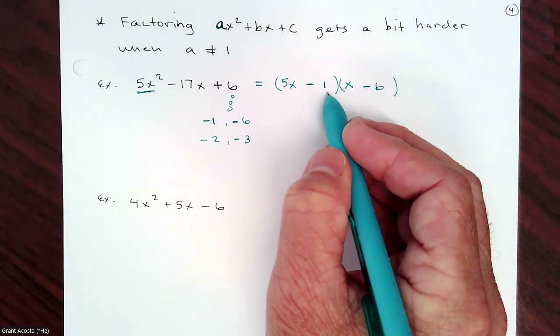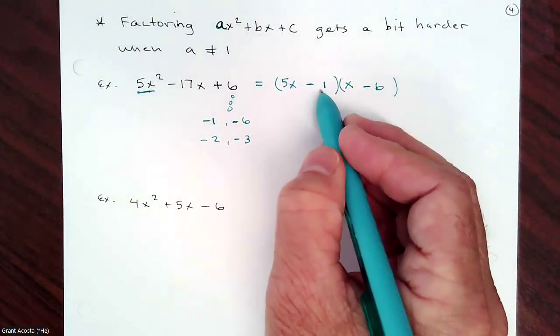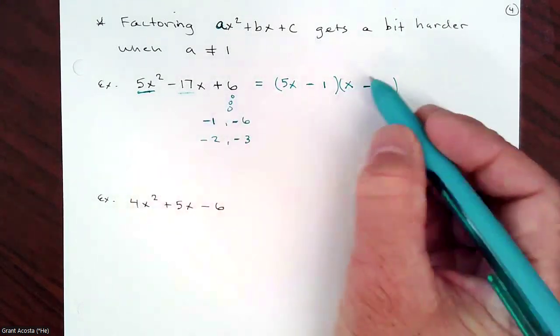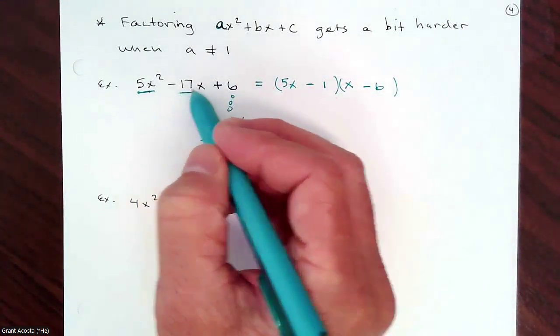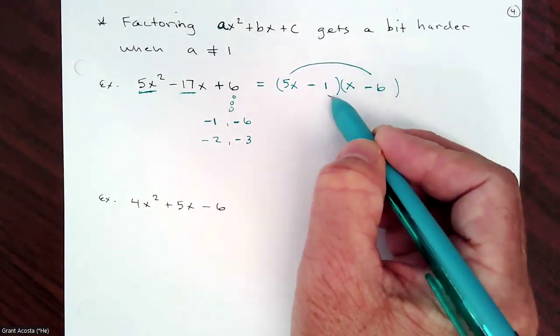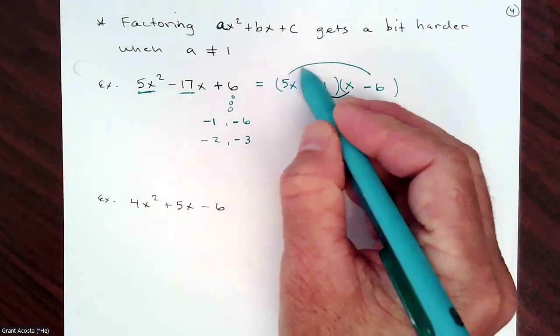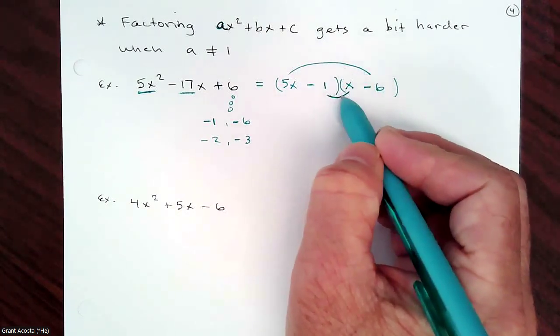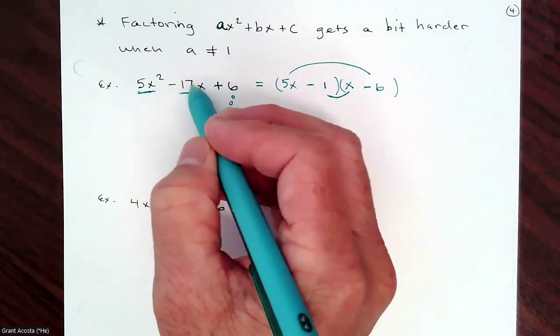The only thing you really need to check is the middle term: we know that's 5x squared, we know the last multiplies to positive 6, I just need to make sure I get negative 17x in the middle. That would come from this times this and this times this. But what do I have? Negative 30x and negative 1x. There's no way I'm going to get negative 17.